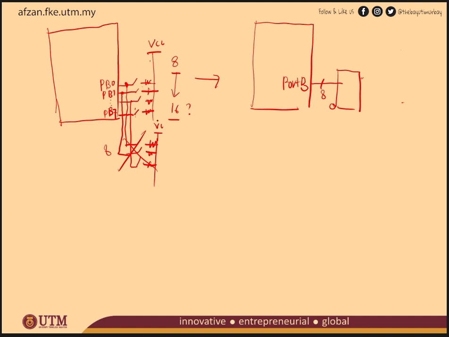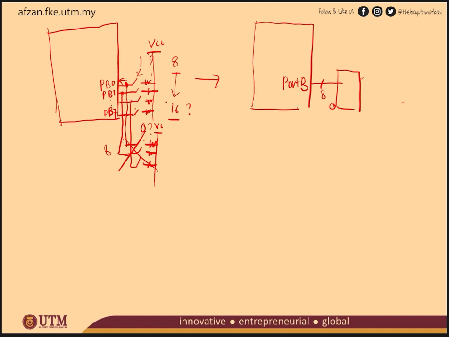If you connect another 8 switches to the same PB0, it will share the same input, which is wrong, because one input is only for one pin PB0. You cannot share the same pin, because it will clash. Let's say if you press this one here and this one is not pressed, what value will go to here? Is it 1 or 0? So you cannot do that by directly connecting another 8 switches to this port B.